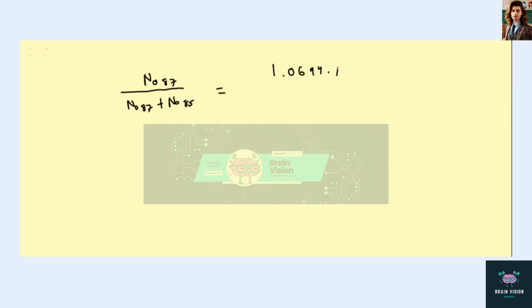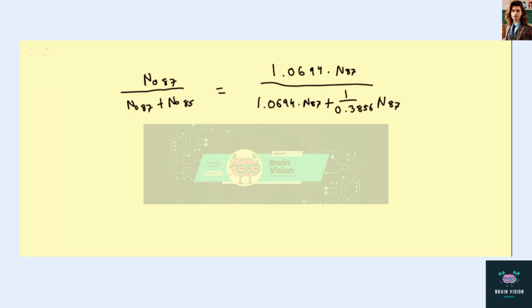1.0694 times the number of rubidium-87 atoms existing today over 1.0694 times the number of rubidium-87 atoms existing today, plus this relative fraction, 1 over 0.3856 times the number of rubidium-87 atoms existing today, using the values that we solved for previously.